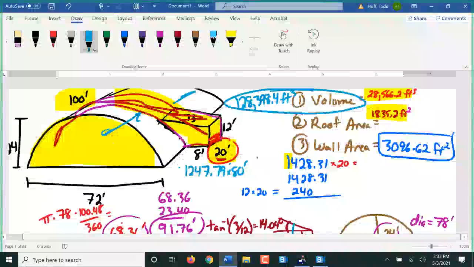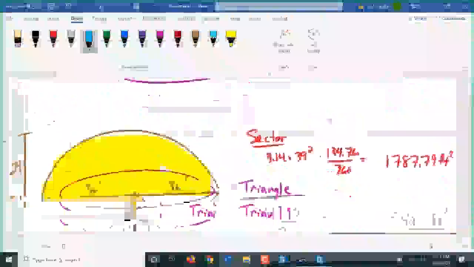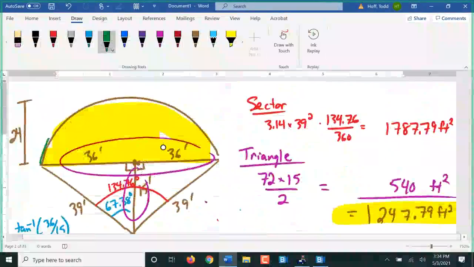Finish off some roof area. Scroll back down to this little piece here. Find the rest of the roof area.